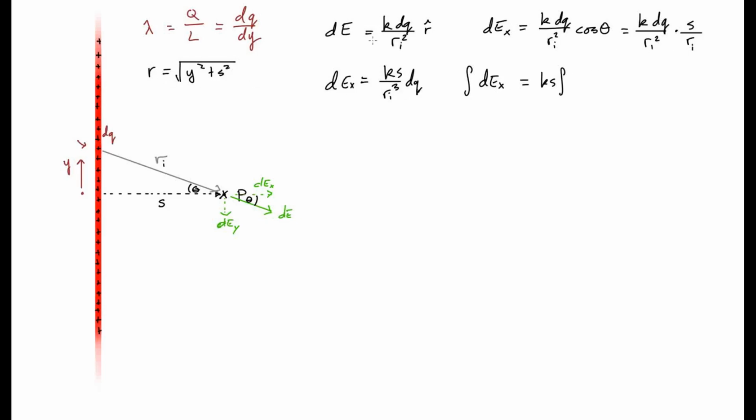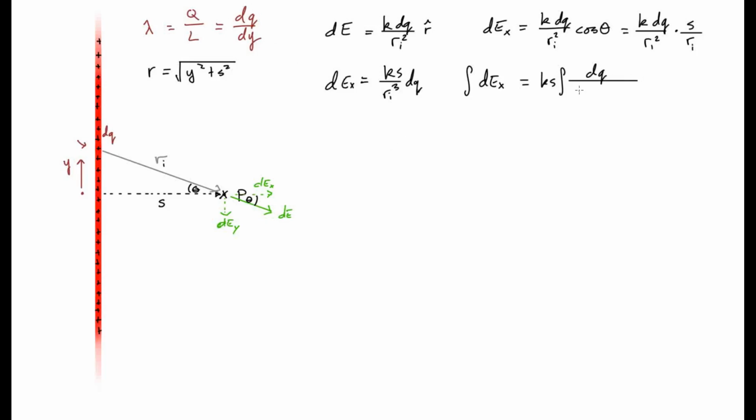Now, we can replace the r cubed here. So I'm going to replace r cubed with the equivalent in terms of y and s. Recall that the root can be written as to the 1/2.